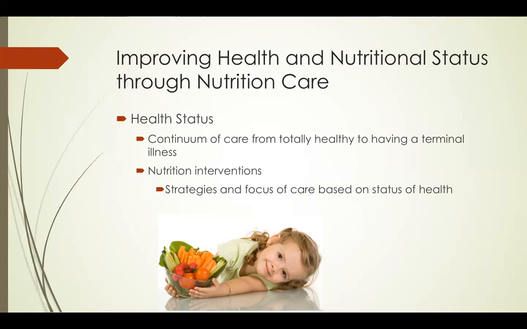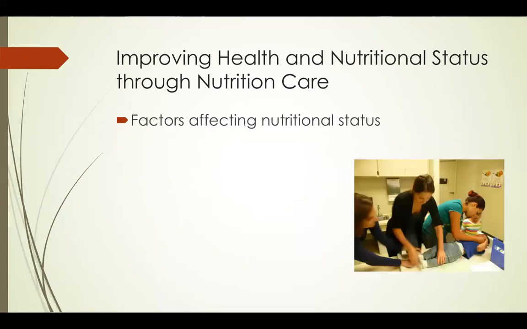So there's a whole spectrum of disease. And hopefully the dietitian will be able to plan nutrition interventions depending on the status of health to help prevent disease from getting worse, possibly to reverse the disease process, and overall to improve nutritional health.